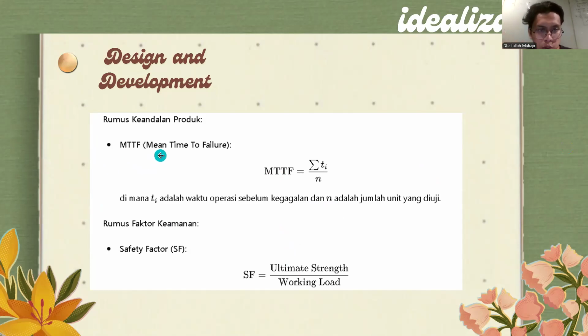The first one is mean time to failure. We can calculate the mean time to reach failure: sigma ti divided by n. The second is the safety factor, where the calculation is ultimate strength divided by working load.